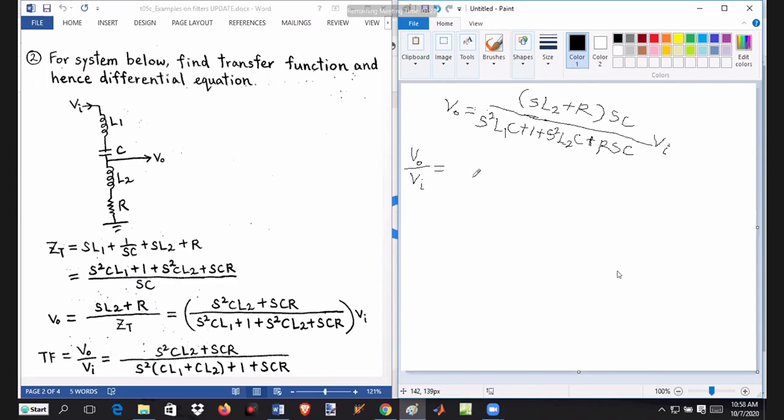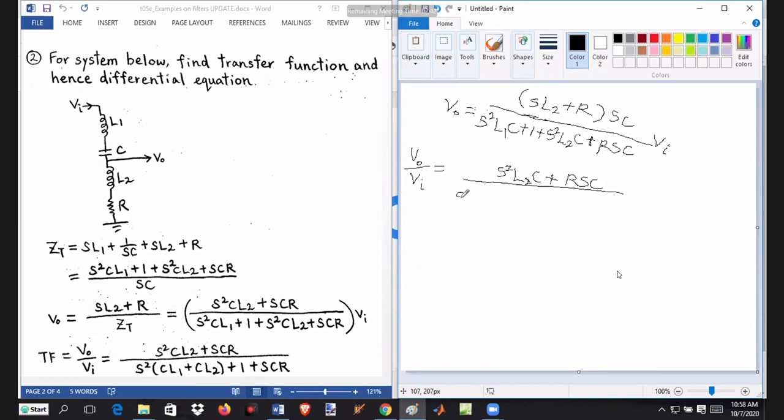Equal to, I simplify in my head: S square L2C plus RSC, over SC. So the bottom will be the same now.